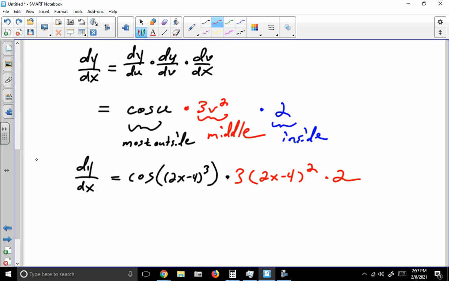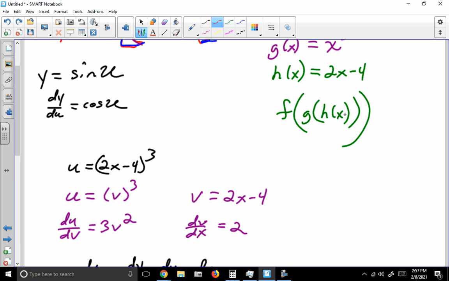In terms of f, h, and g, we had the derivative of f with its input times the derivative of g with its input times the derivative of what was inside there.